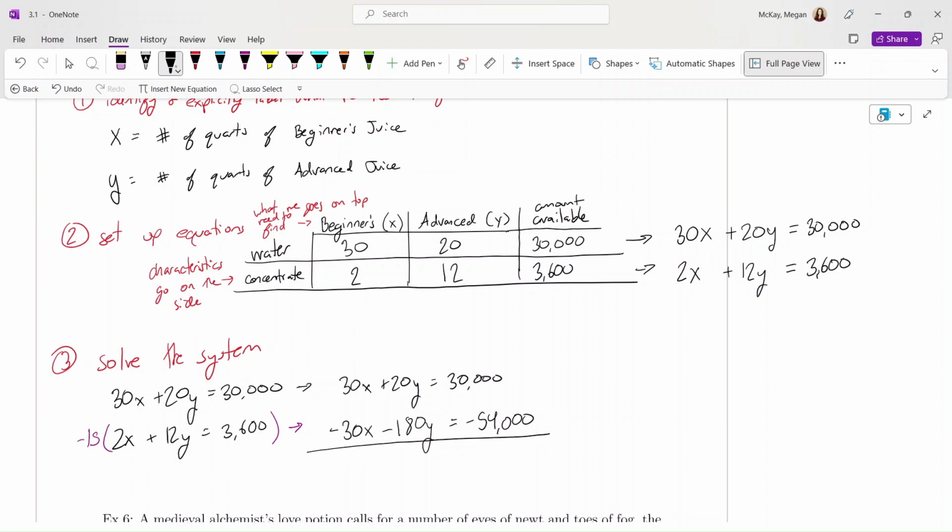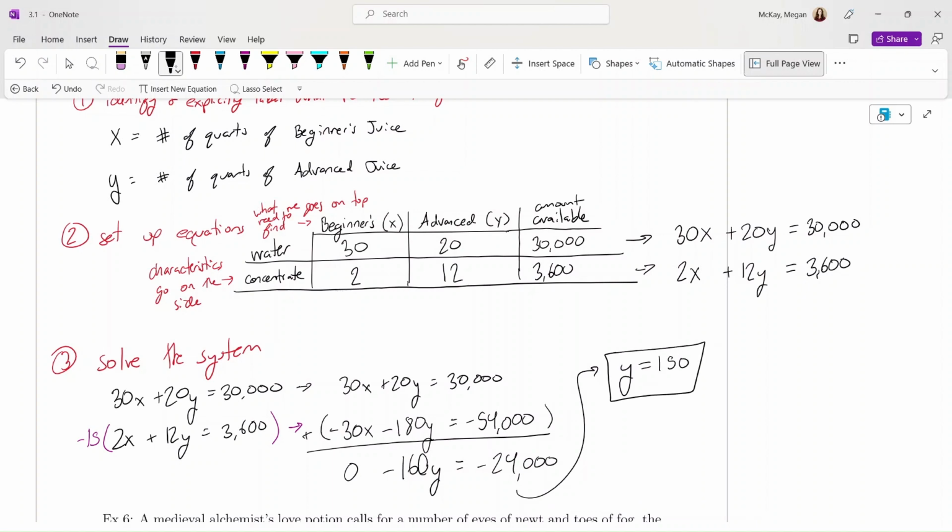Our 30x values will now cancel each other out, so that gives us 0. 20y plus negative 180y gives us negative 160y equals, well, 30,000 minus 54,000, we get negative 24,000. Finish by dividing by negative 160. This gives us y equals 150.